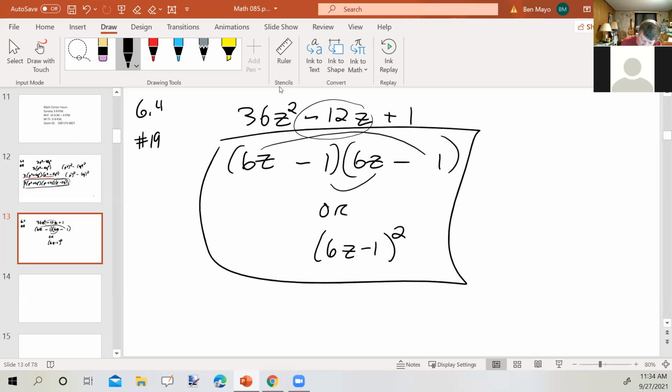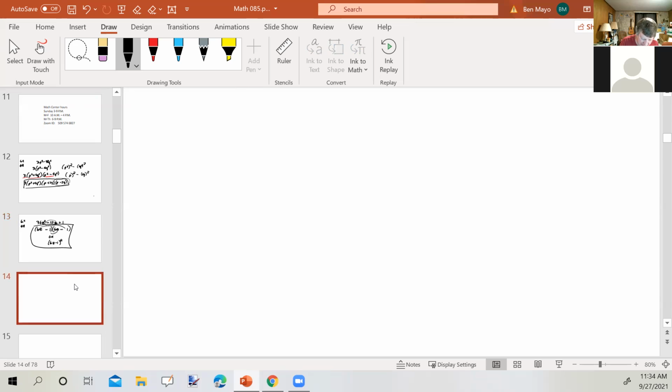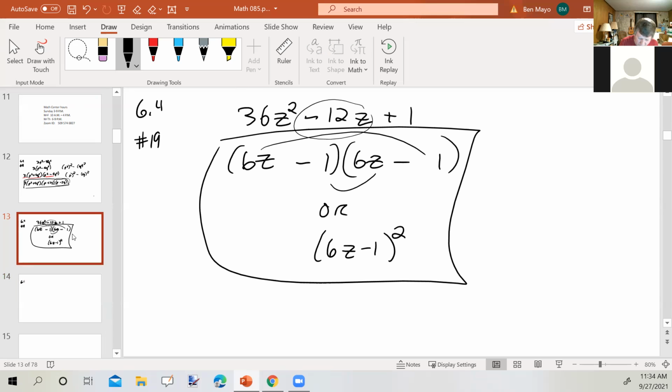Either of those two ways would be correct. Any questions about that? All right, that takes us to number 25. Oh, I want to point out, you could use grouping on this, but it would take much more time. So it's easier to check to see if it's a perfect square trinomial before going on.